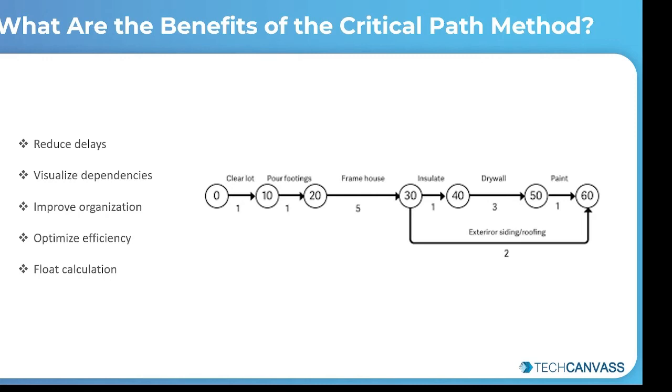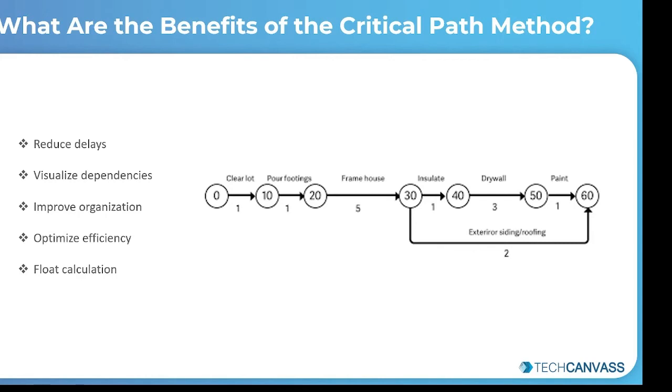Another benefit of the critical path method is it improves the organization. In complex projects, the CPM helps break down deliverables into sequences and sequences into tasks. This, along with the focus on visualizing dependencies, mapping constraints, and defining the critical path of tasks, drastically improves project organization.